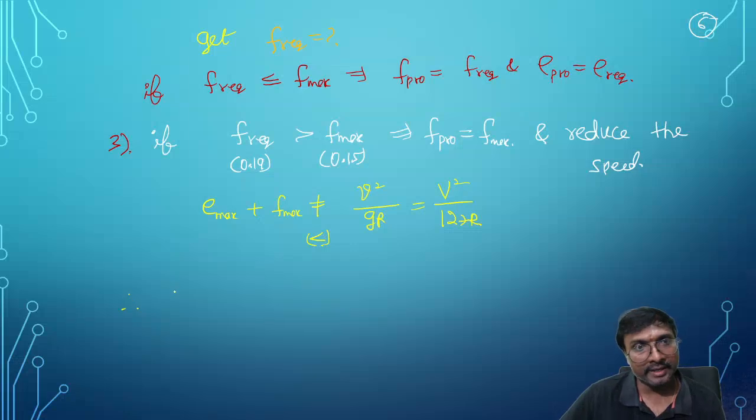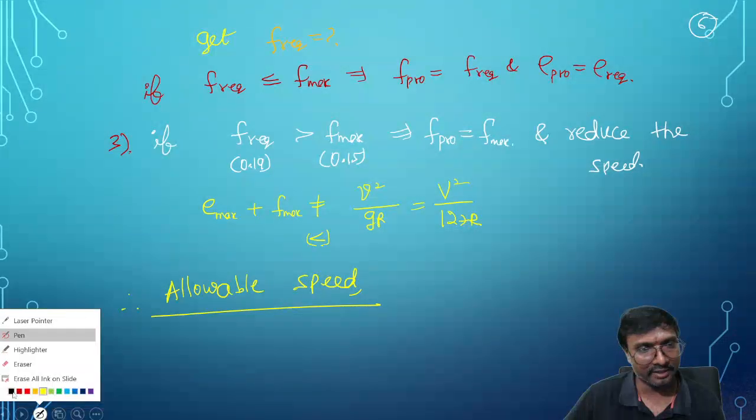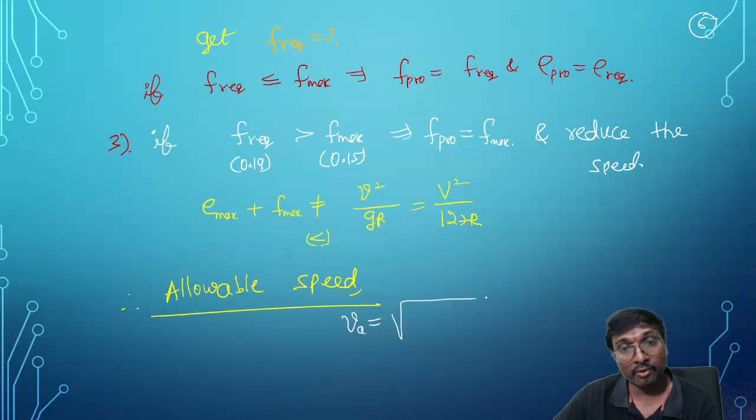Therefore, what is the allowable speed, if you consider? That allowable speed we have to take as which one? This small v a will be equal to, in meters per second, under root g into R into E maximum plus F maximum, or not?